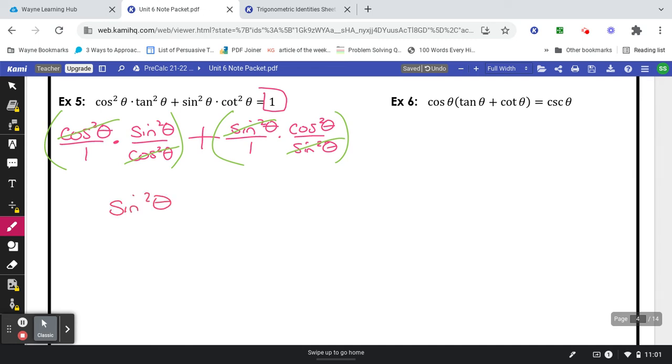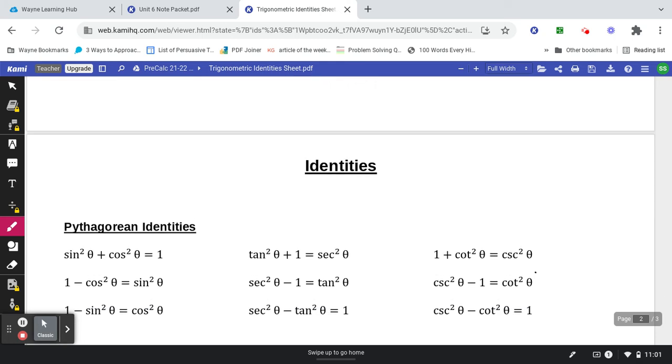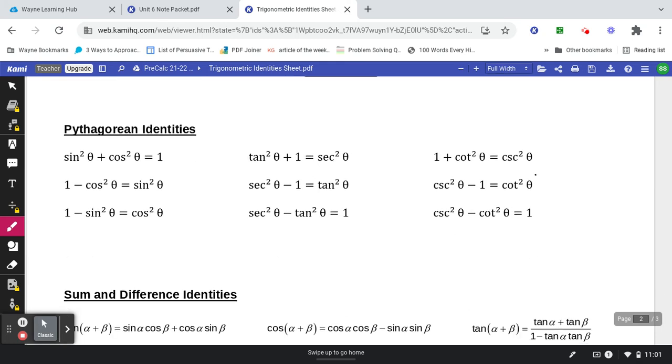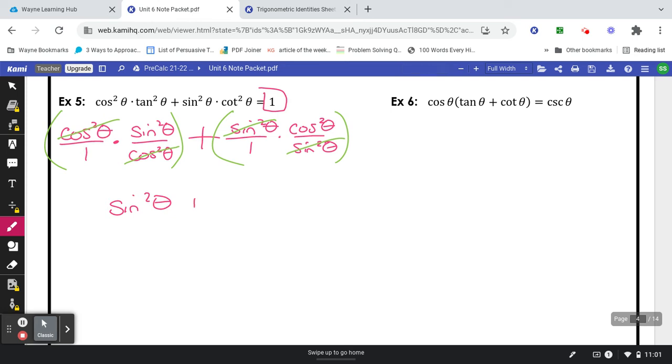We could put it over 1, but again, since I'm trying to get it to be one of these Pythagorean identities, and none of these are fractions, I'm probably going to leave off the over 1. Over here, I have cosine squared theta over 1 technically, but again, I'm going to leave that.